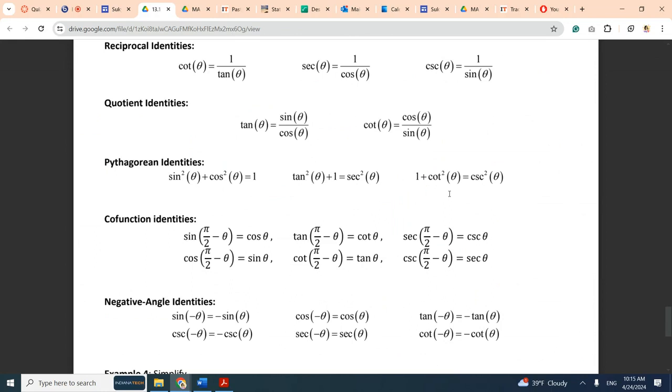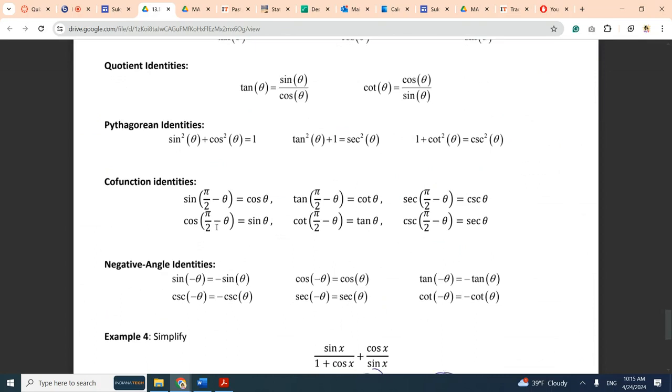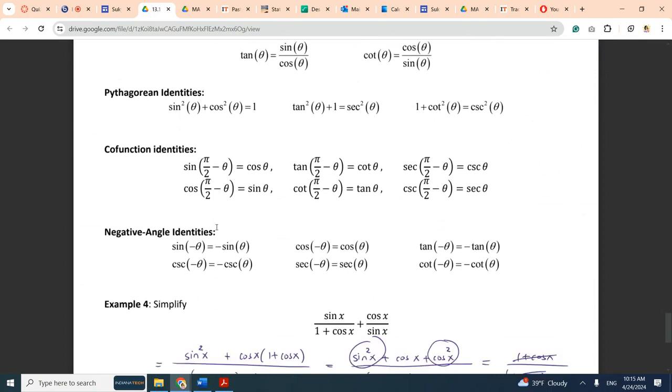So you only need 2, okay? Sine and cosine are more important. And here we have the cofunction identities. Sine and cosine are cofunctions, right? So this is called complementary angles. If 2 angles add together to 90 degrees, we call them complementary angles.